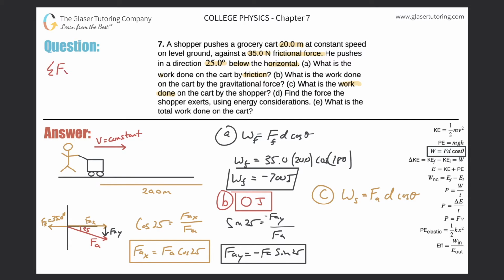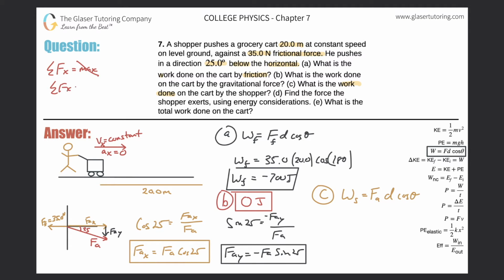Sum of the forces in the x direction is equal to m a_x, the acceleration in the x direction. Well, what is the acceleration in the x direction? Well, look, guys, the velocity is constant, and the velocity is in the x direction. So if the x direction of velocity is constant, what is the acceleration? Zippo. So what happens to this whole side? Goes bye-bye.